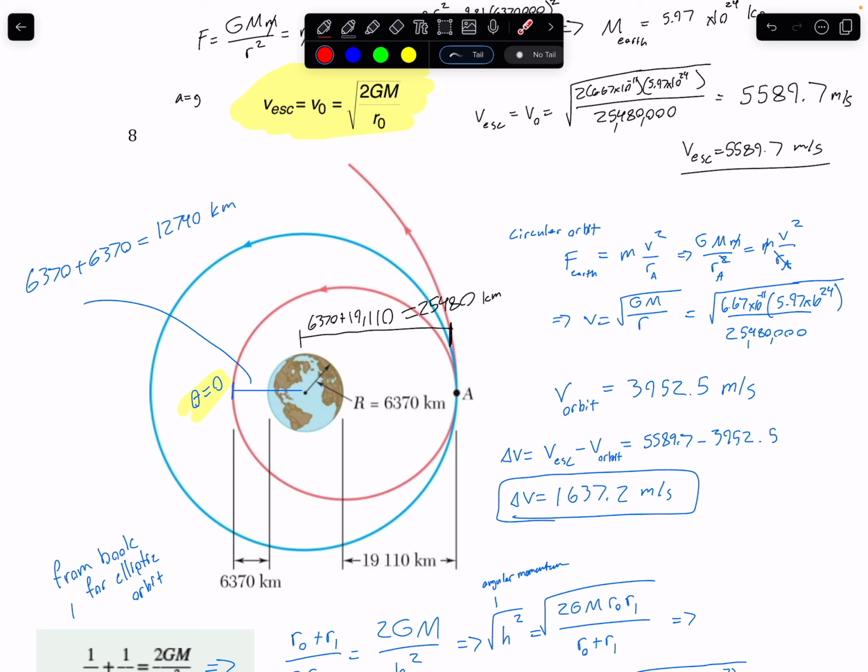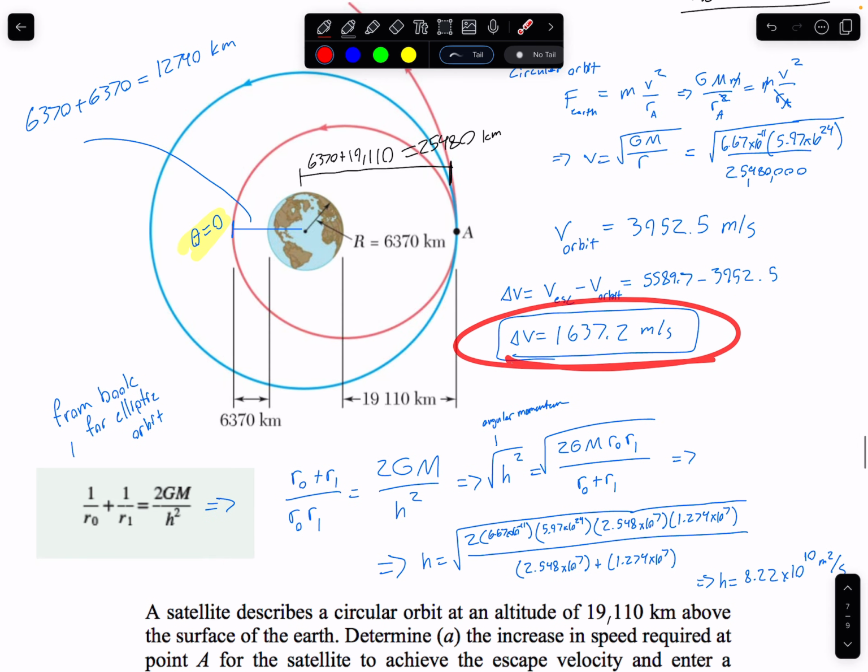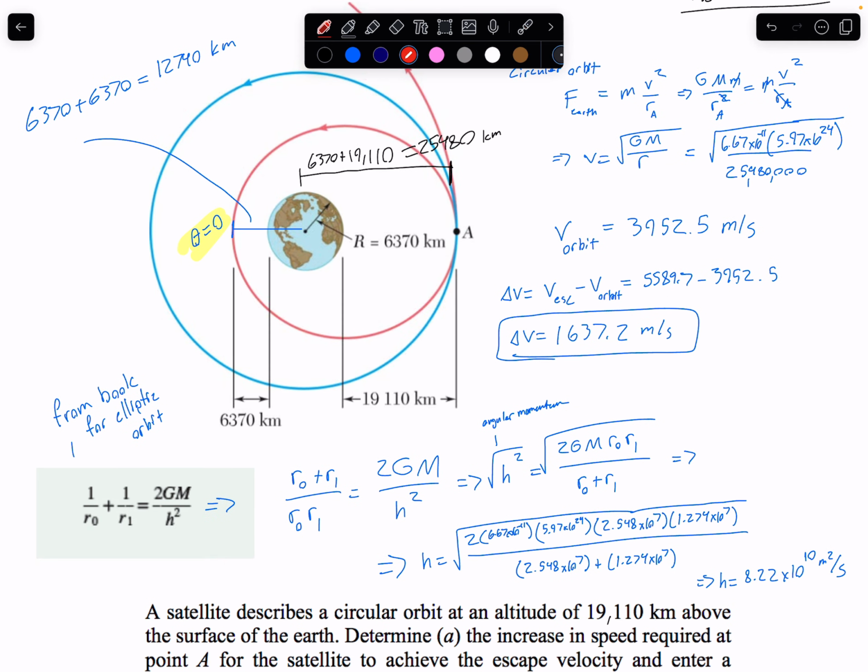So we plug everything in, and we get the velocity of the orbit is 3,952.5 meters per second, and so the delta V must be the change in that, and that shows that the change is 1,637.2 meters per second for part A.